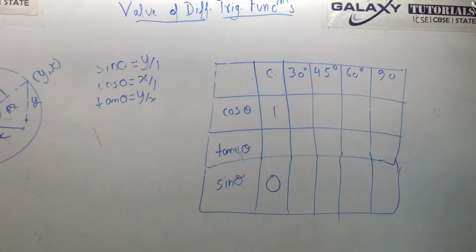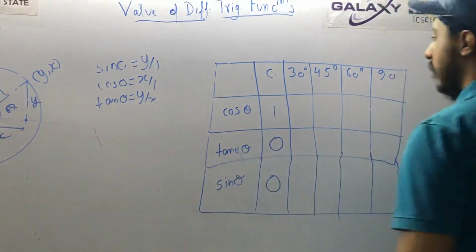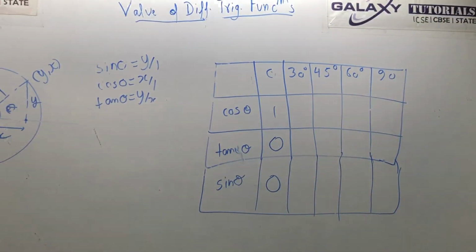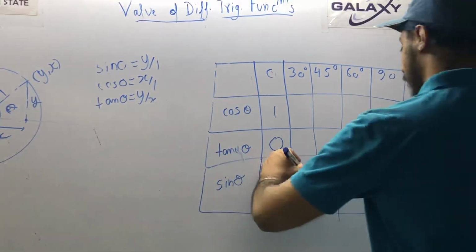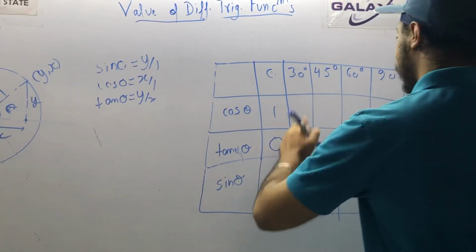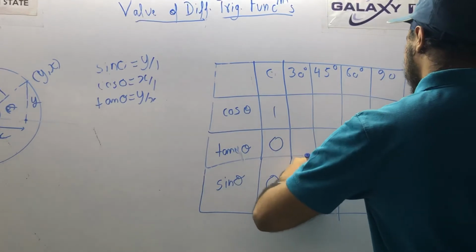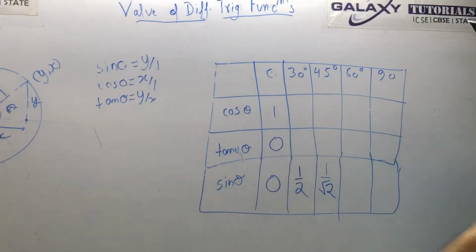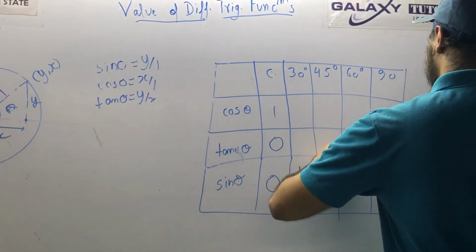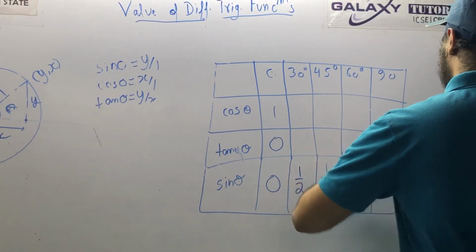Tan 0 is what? 0. Sin 30 is what? 1 by 2. Sin 45 is 1 by root 2. Sin 60 is what? Root 3 by 2. Sin 90 is what? 1.